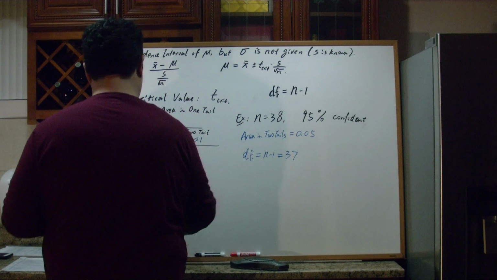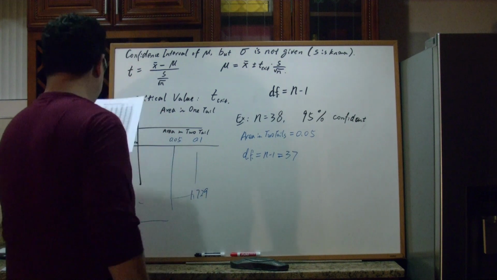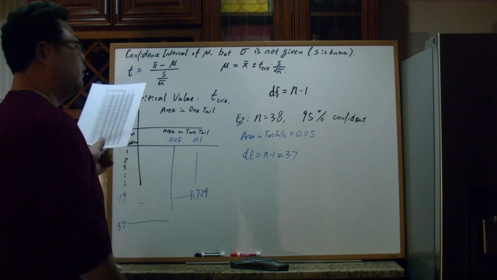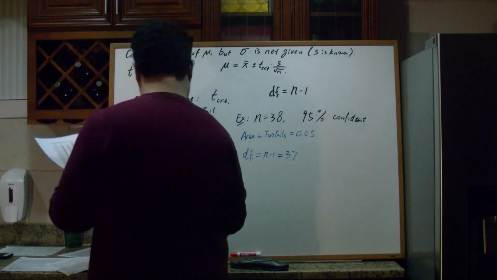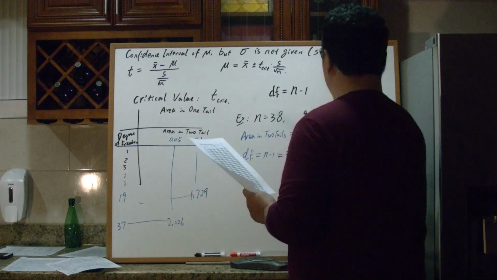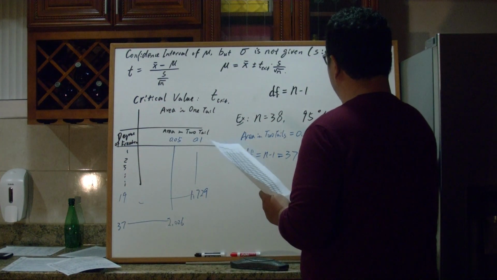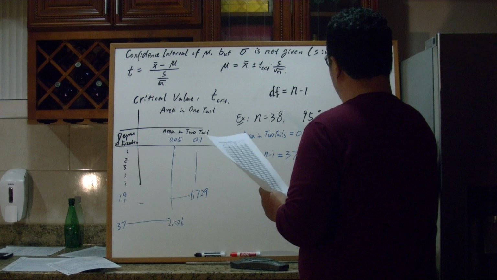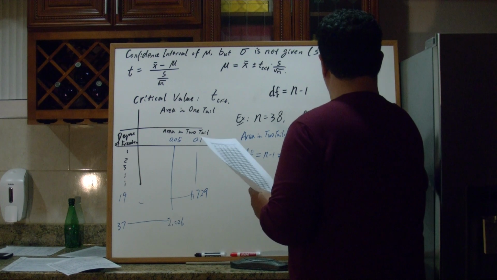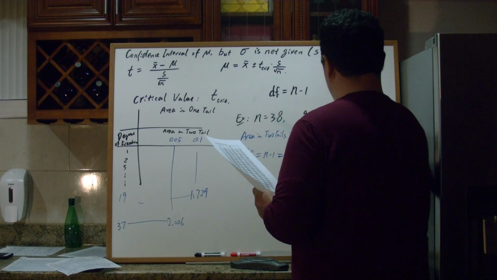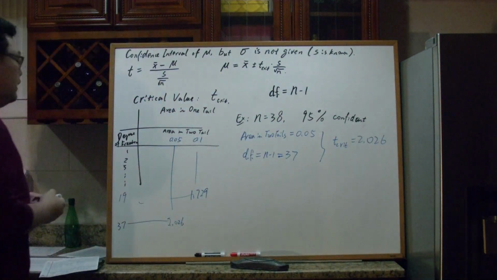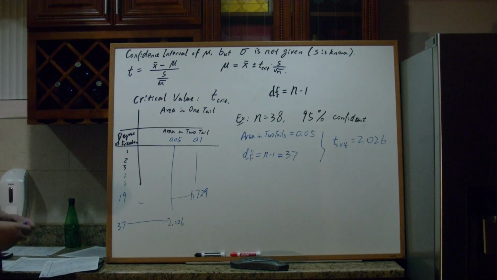I'll go down from 0.05 and go right from 37, and we find the intersection is 2.026. From these two, we get that t crit is 2.026. That's how we find the critical t-score.